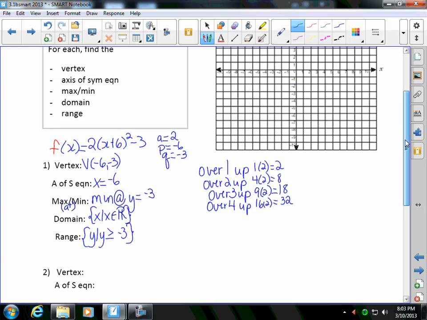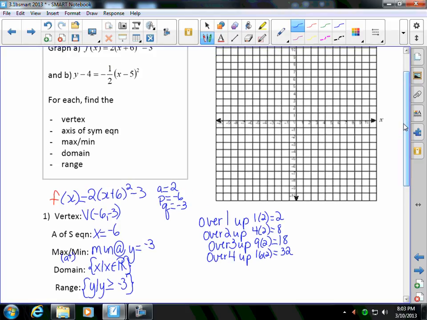So let's graph this. I start at my vertex. Always start at the vertex. So (-6, -3) puts me here. Then I do my counts. Over 1, up 2. Back to the vertex. Over 1, up 2. Over 2, up 8, and then over 2 left, up 8.